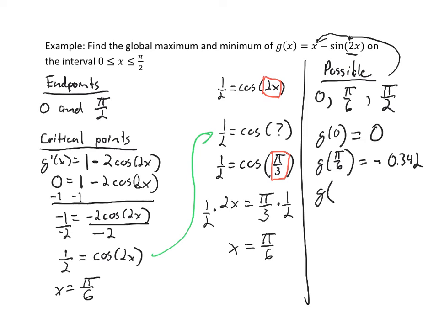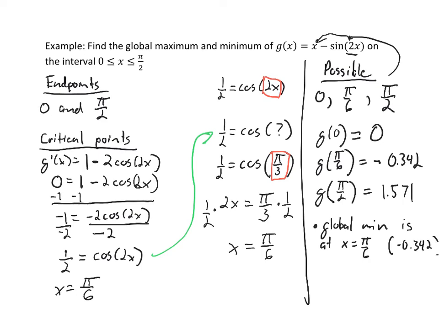And g of pi over 2 will result in 1.571. So we can see now the global min is at x equals pi over 6, and the actual value is negative 0.342.